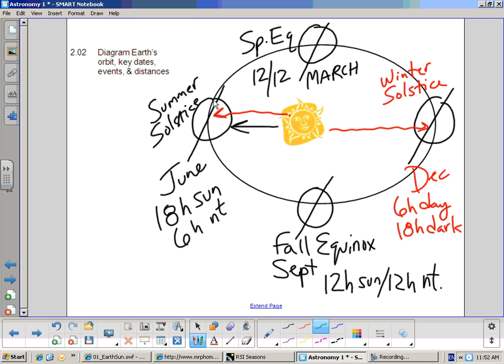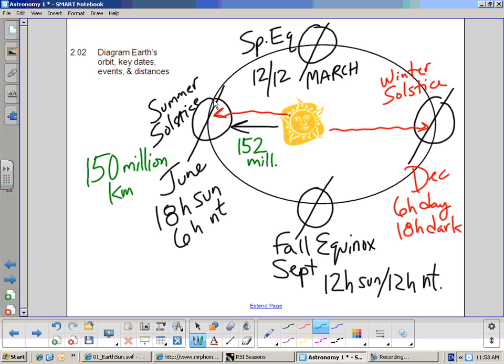Now, you would think that in the summertime we're actually getting closer to the sun, but in reality we are not. On average, the Earth is 150 million kilometers from the sun. That's the average. In the summertime, though, we are 152 million.